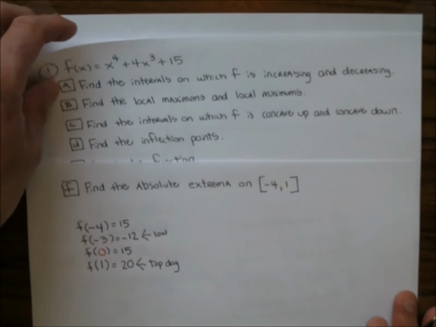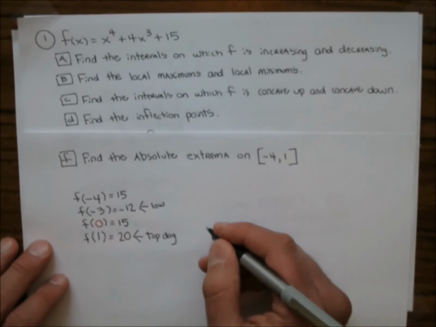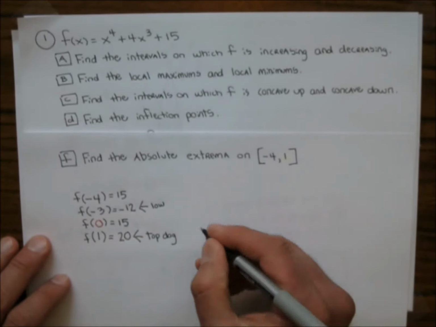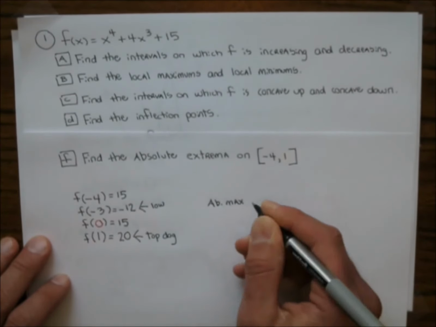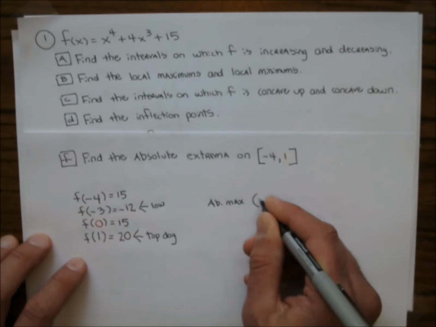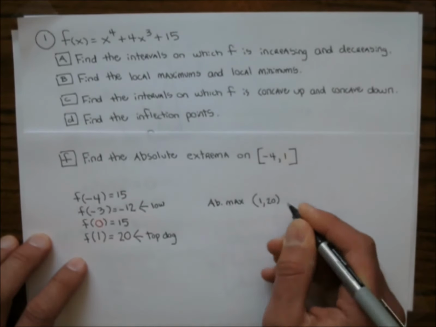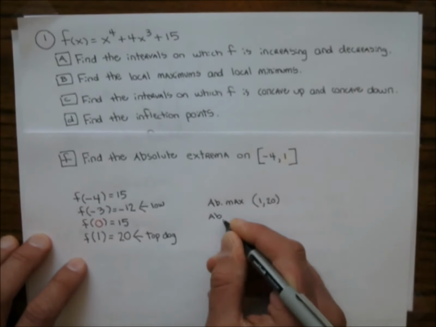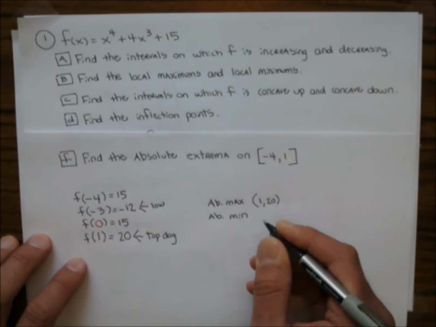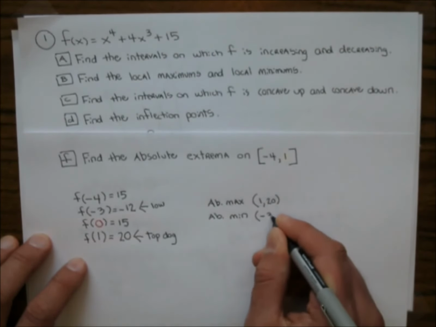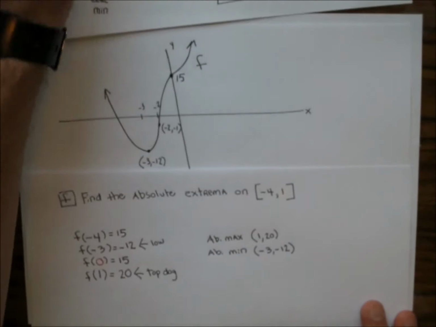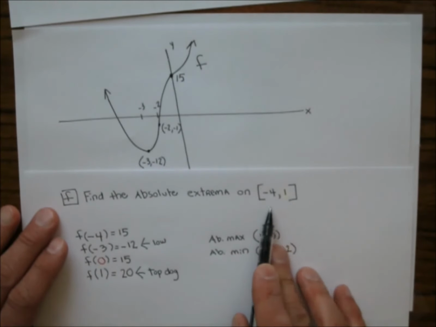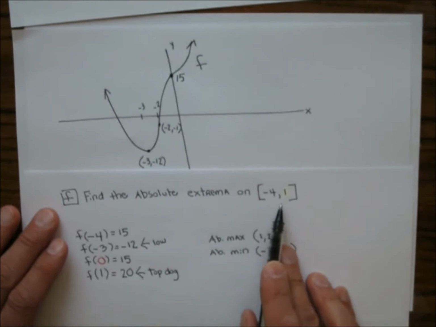So when they say find the absolute extrema on this interval right here, the absolute max happens to be 120, and the absolute min happens to be -3, -12. Now that is only restricting the domain there. So if you didn't restrict the domain, there would not be an absolute maximum.